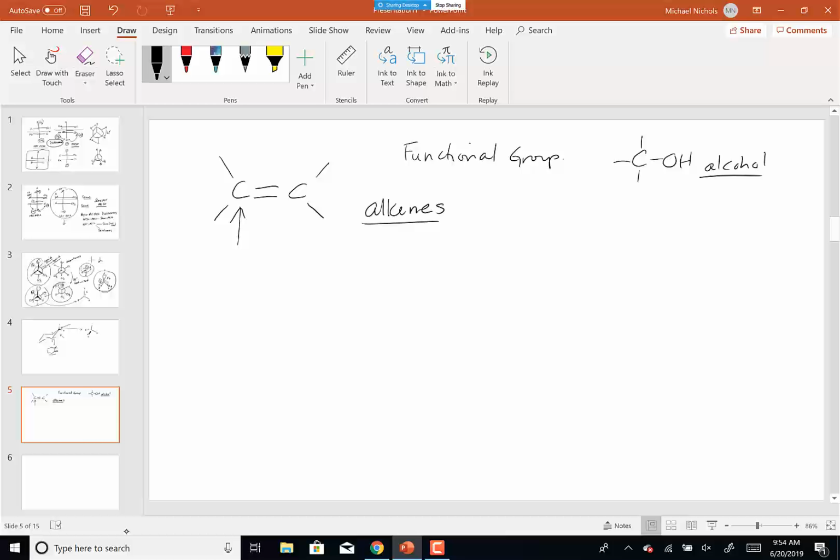It's sp2. And that makes the VSEPR geometry around this carbon trigonal planar. So it's trigonal planar.